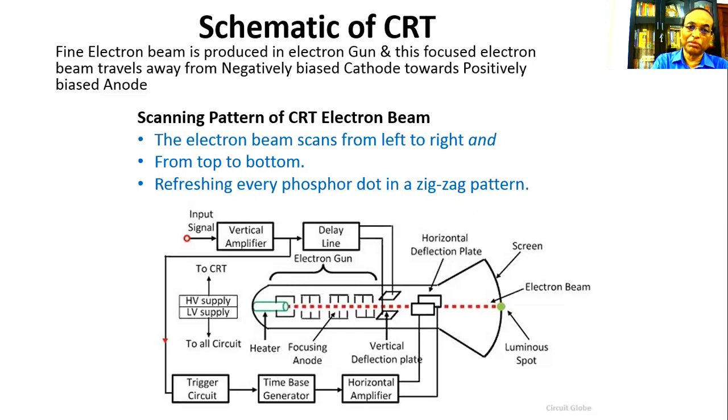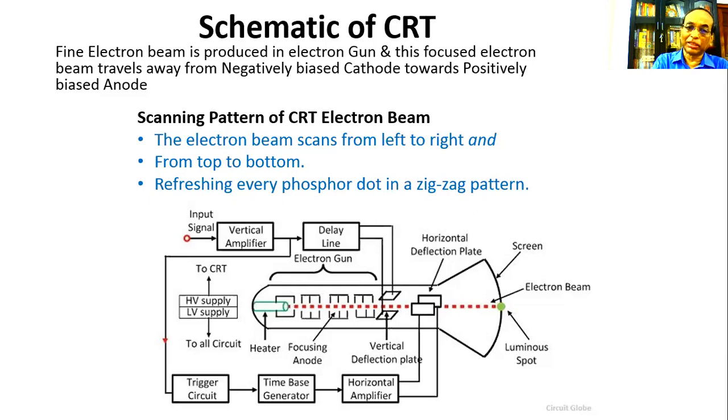There will be a good amount of electronic circuitry. There will be the vertical deflection electronics, and the horizontal amplifier, the horizontal deflection system. Then the basic signal will be provided to these two deflection plates in case of the electrostatic deflection system.